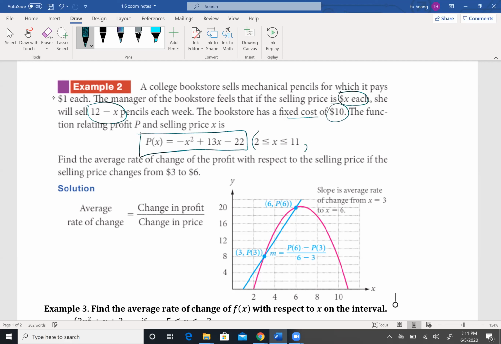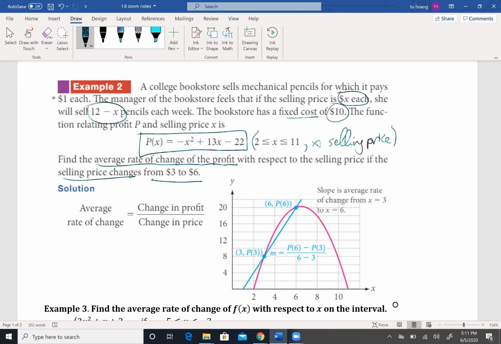And remember that x here is the selling price, okay? Now, what is the question? The question is to find the average rate of change of the profit with respect to the selling price if the selling price changes from $3 to $6.